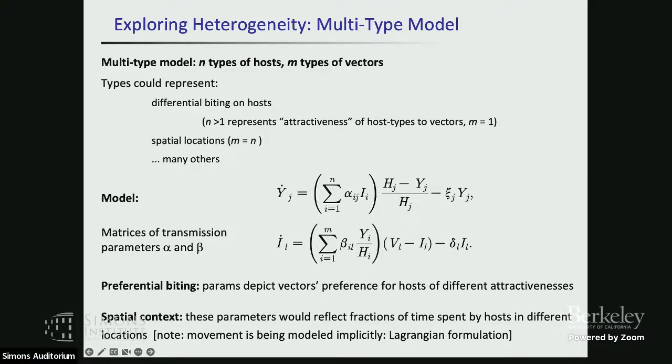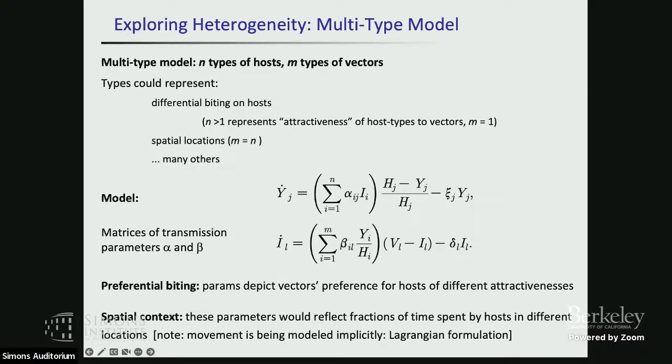So we could have a collection of different attractivenesses of people. We could have spatial locations. And so then we have indices on the human population and the mosquito population. And now, rather than having single transmission parameters or transmission probabilities, we have a matrix of transmission probabilities. In fact, we have 2 of them because we have the mosquito to human and the human to mosquito.